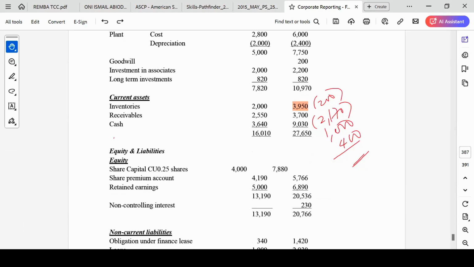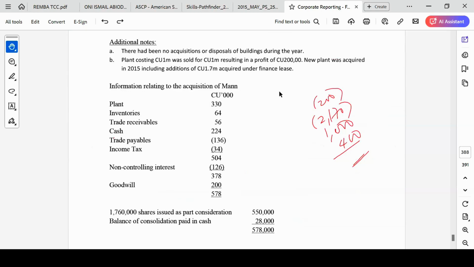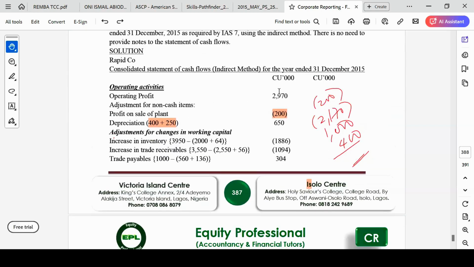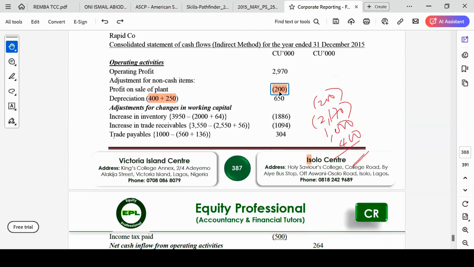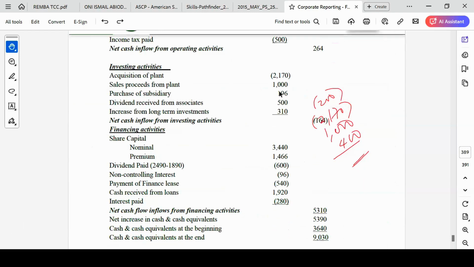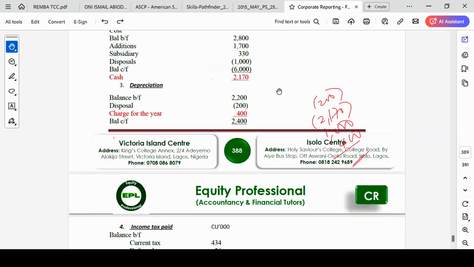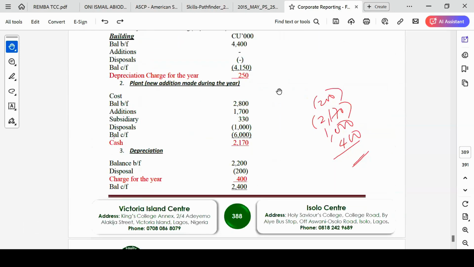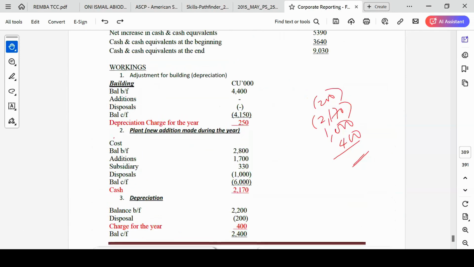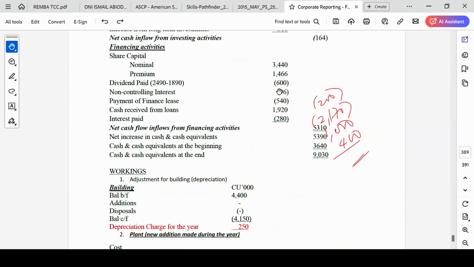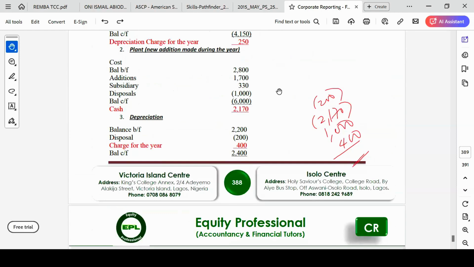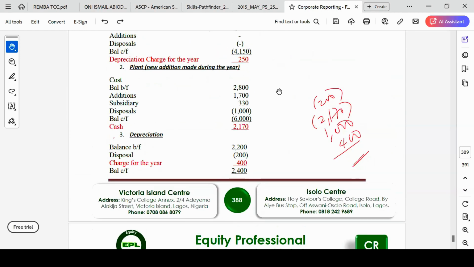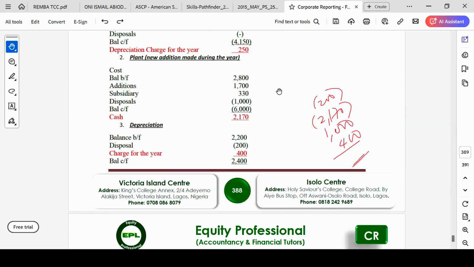Let me go back again. Is there anything I'm here to pick? Proceed was 200. Now, depreciation on plant was how much, really? It was 400. His building that is 250, okay? There's for subsidiary there. Addition 17.